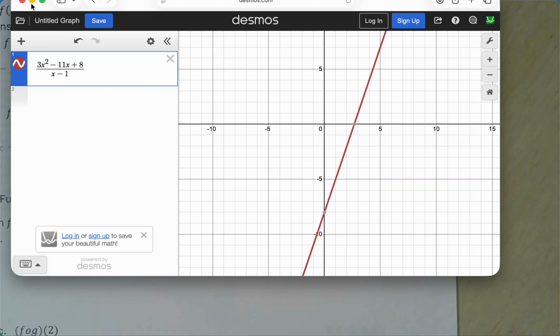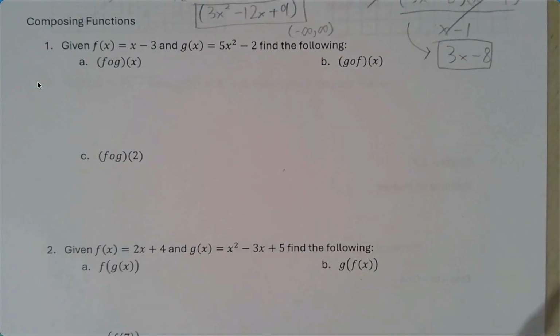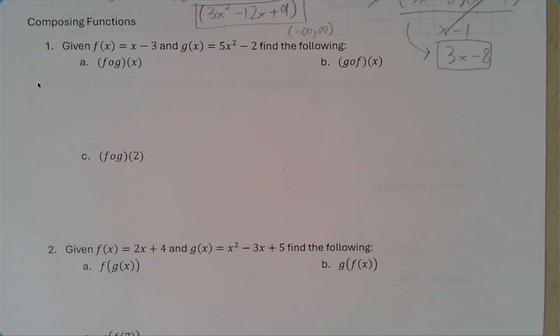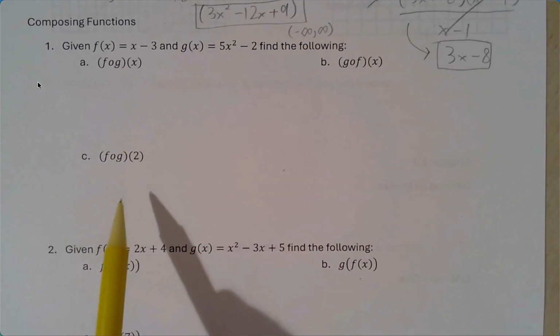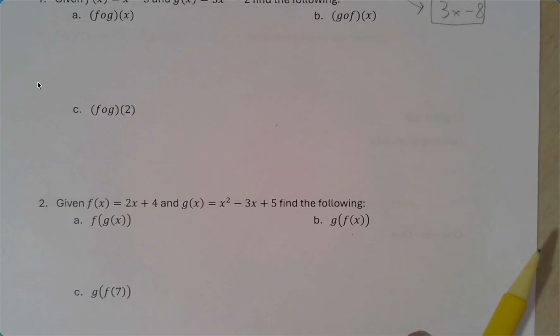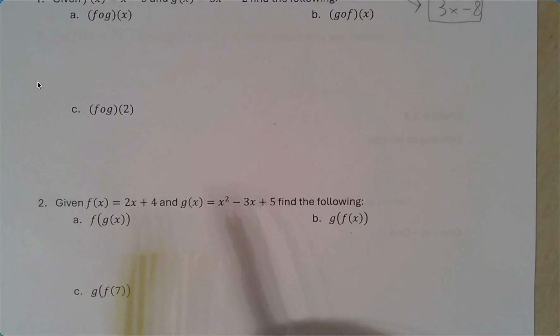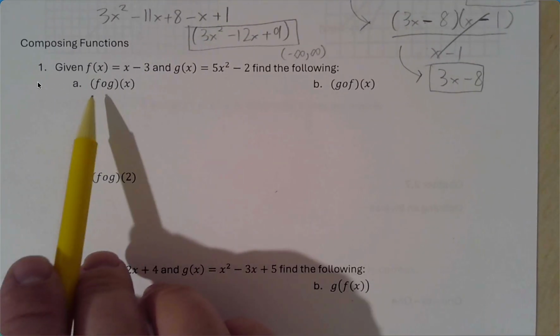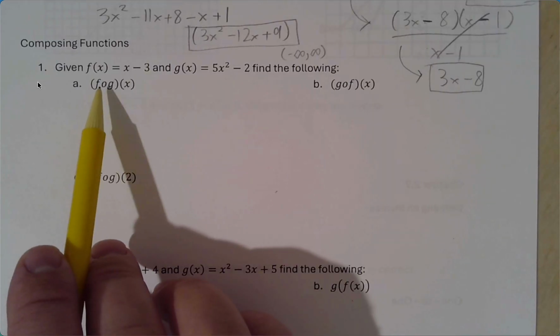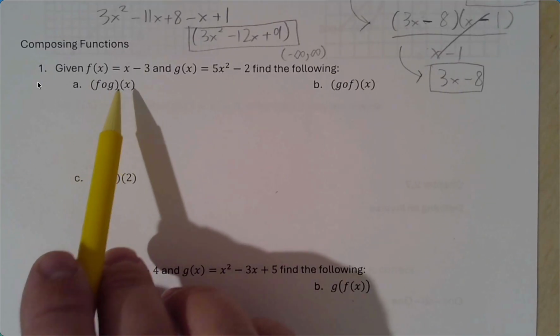Very, very interesting. All right, we now move to probably the trippiest section of this whole chapter, and it is composing functions. Now, this does not say fog. It actually says the same thing that you see right here. It's just written differently. This is pronounced f of g of x.